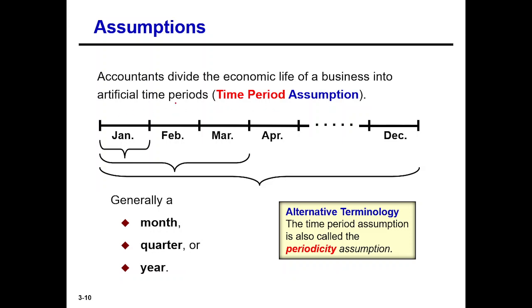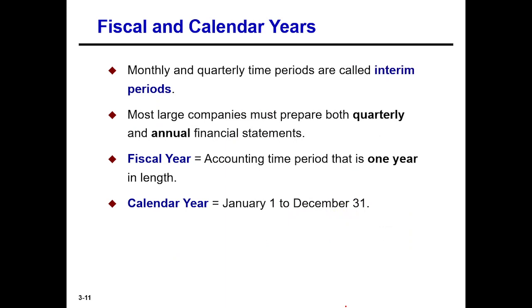These artificial periods can be a month or a quarter, 3 months, or a year. This assumption is also called the periodicity assumption. Monthly and quarterly time periods we call in accounting interim periods.